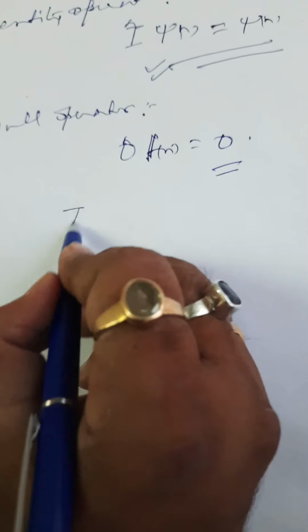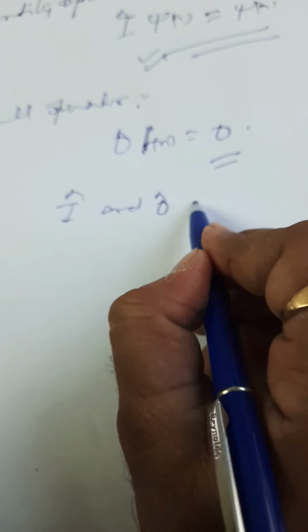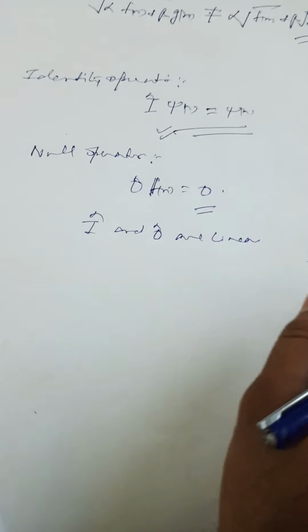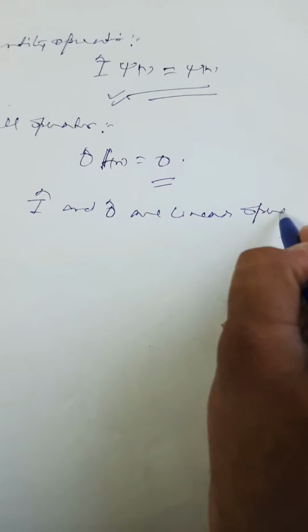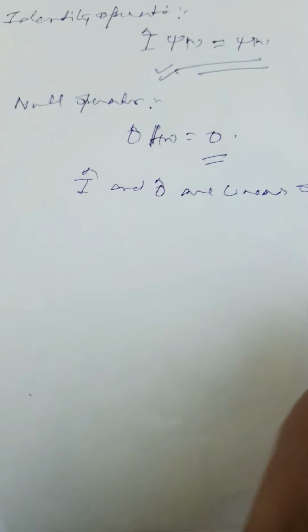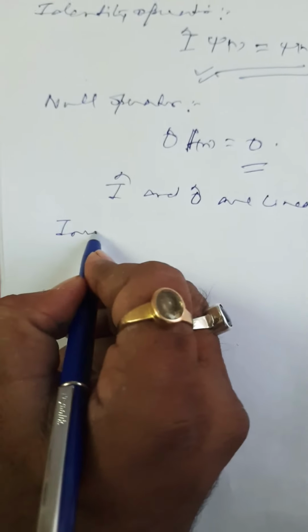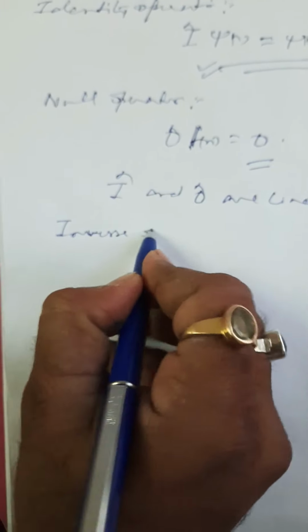Here we should have an idea that the identity operator and the null operator are both linear operators.